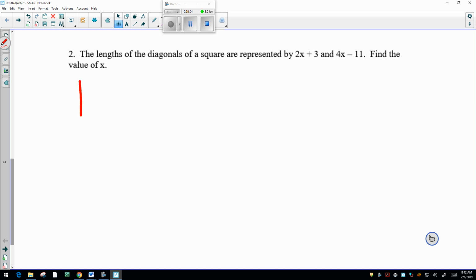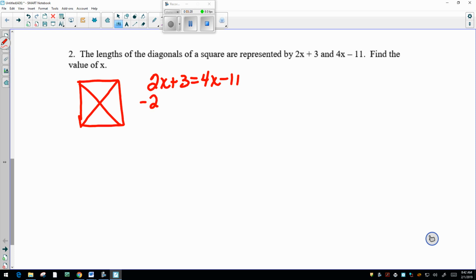So it says the lengths of the diagonals of a square are represented by 2x plus 3 and 4x minus 11. And it says find the value of x. Well, up above, we said diagonals were going to be congruent. So if they are equal, we always say set them equal and solve.